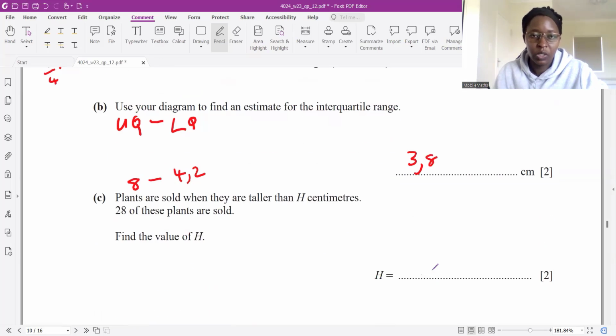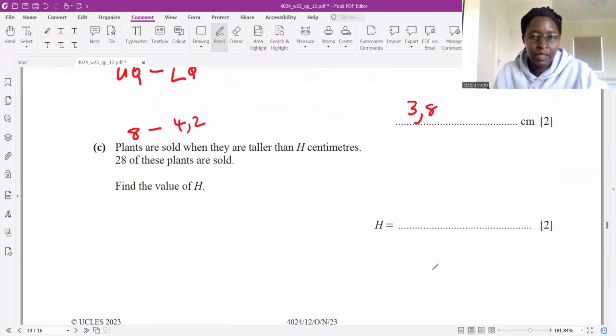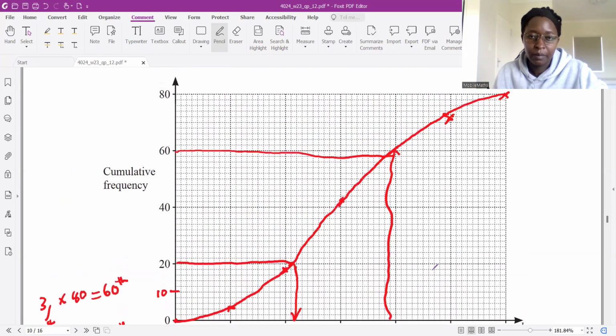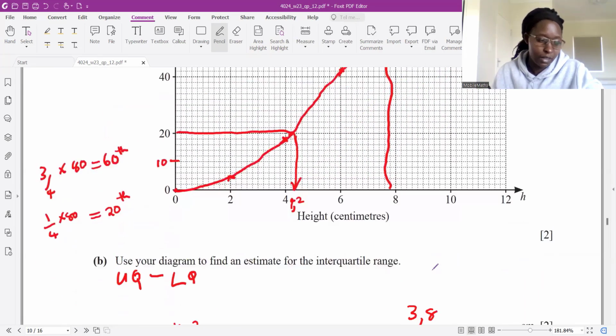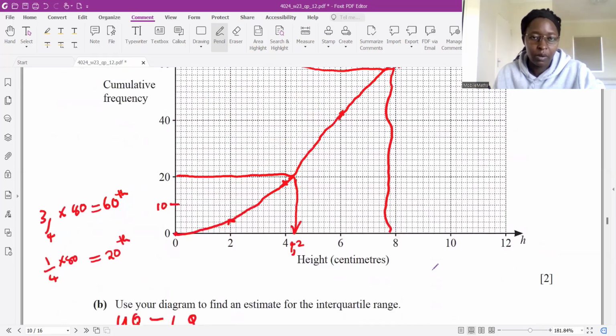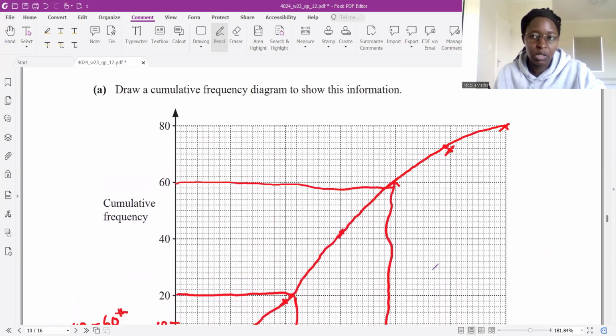Let's move on to the next question. Plants are sold when they are taller than 8 centimeters. 28 of the plants are sold. Find the value of h. 28 plants. So we know our cumulative frequency total is 80.